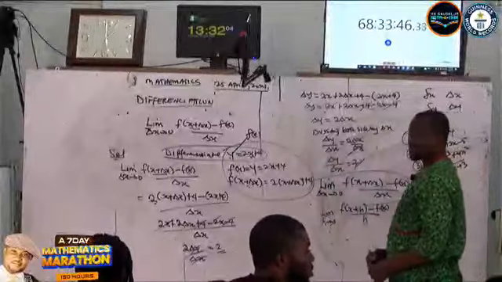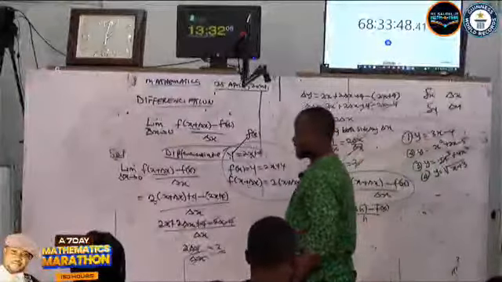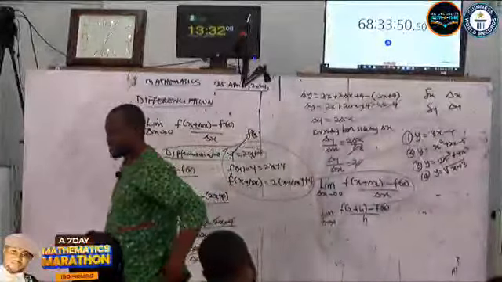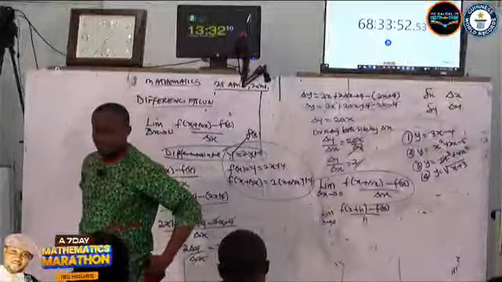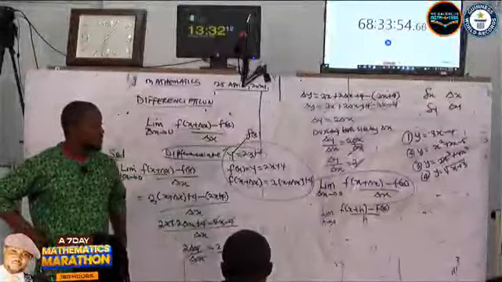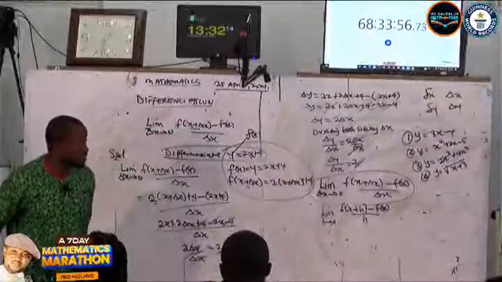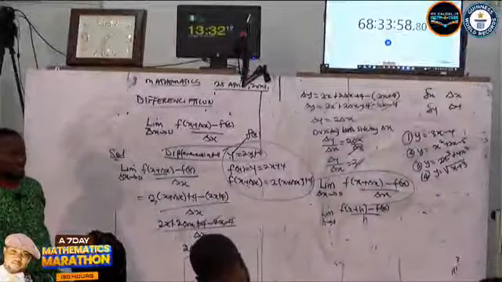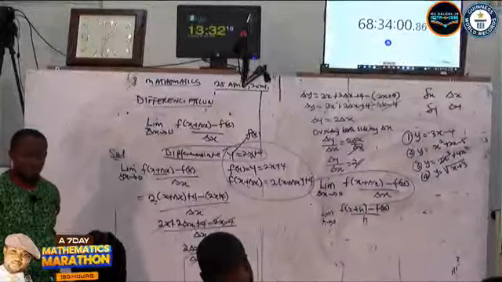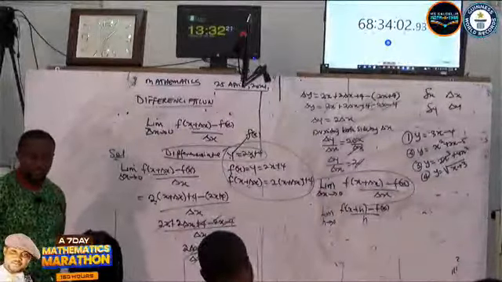This is what we want to solve from first principle. I said that's what we want to solve, but just try that number 1 for us while we are warming up.